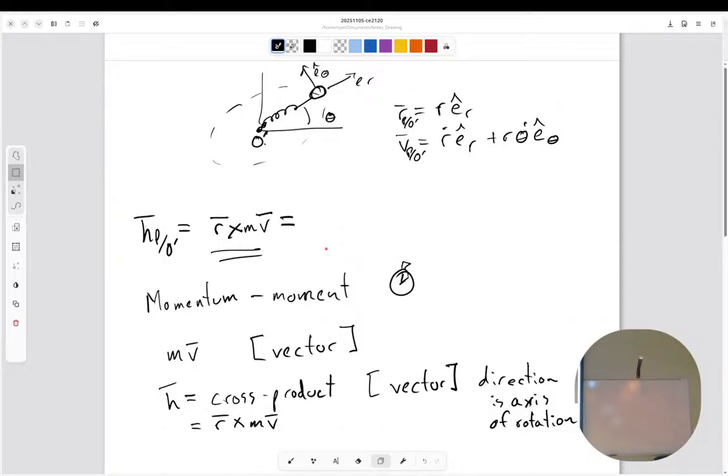And then do you use the determinant? Is that what you're trying to do? Yeah, that first row is usually the unit vectors. So usually we write i, j, k, but in this case we have e_r, e_theta, and they're the same thing. So e_r, e_theta, k is the last one.